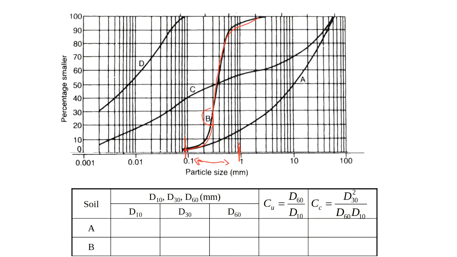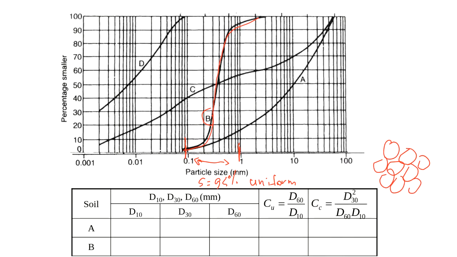Remember, sand was about 95%. So what it tells us is that it's poorly graded. So it's uniform. Uniform is when we have one dominant particle size, mostly the same size. Like in this case, we have mostly sand. So this is going to be uniform.